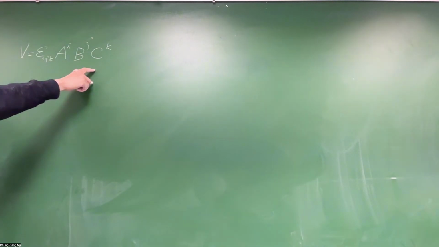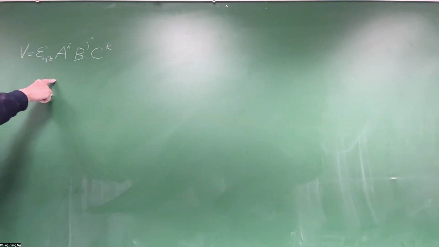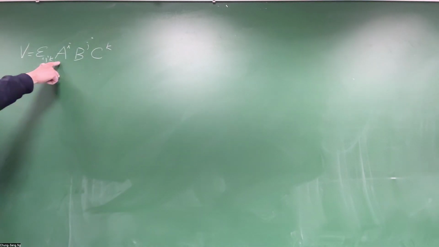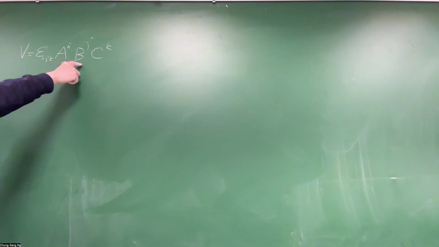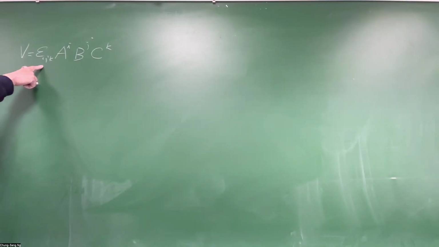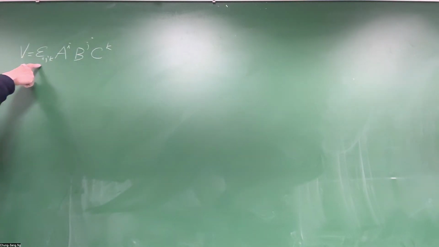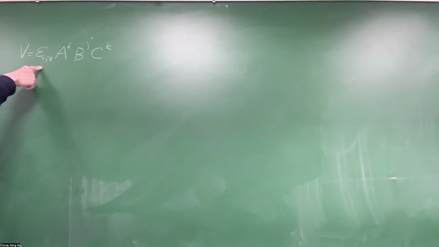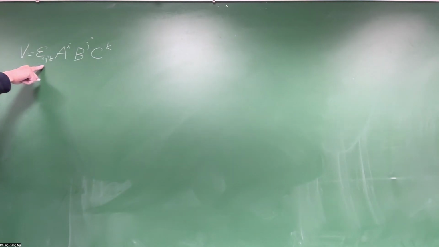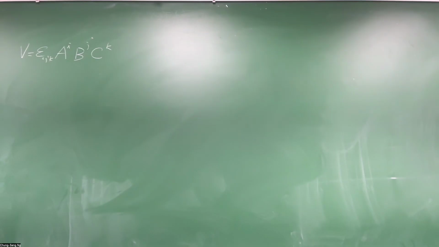When you do all the contraction, you get a pseudoscalar, because according to the quotient rule, these transform like a contravariant vector and this transforms like a third rank pseudotensor. Whatever is left is just the determinant of S, because all the other transformation matrices cancel out.